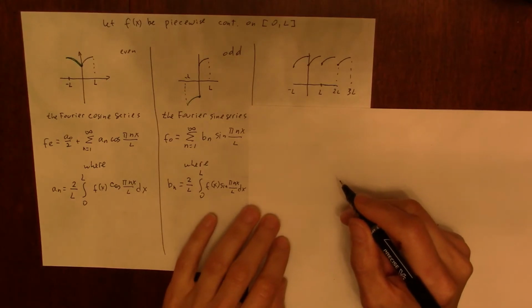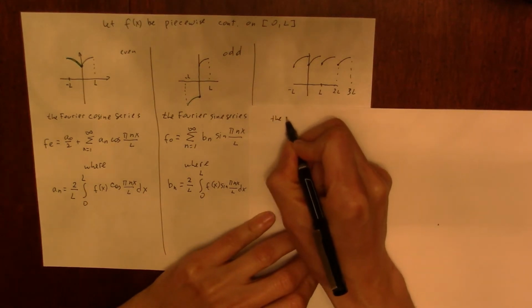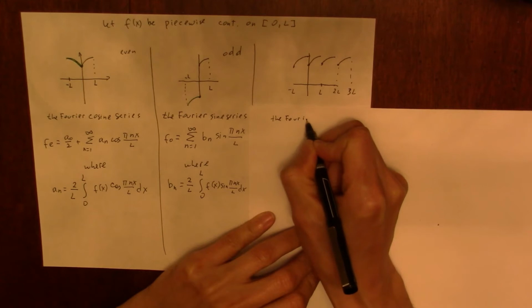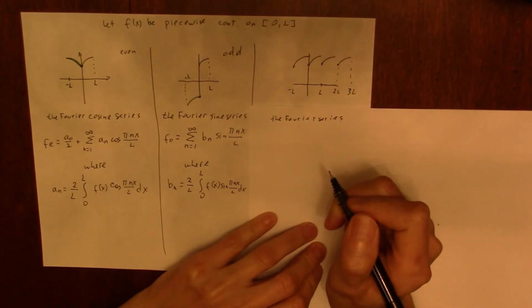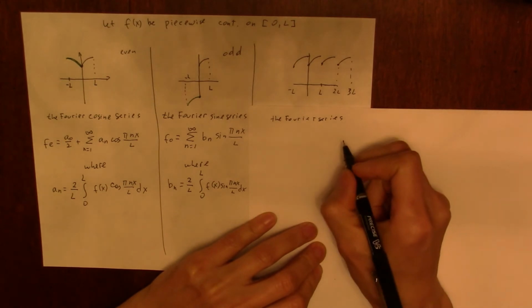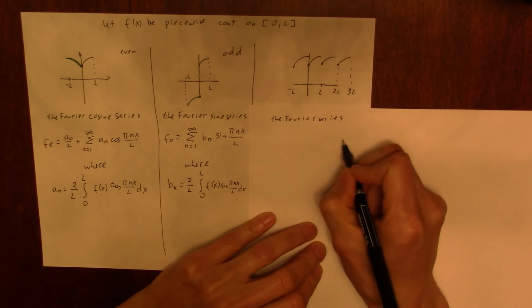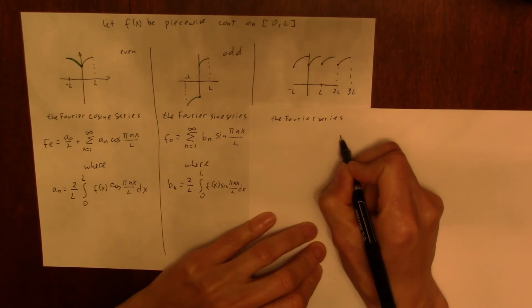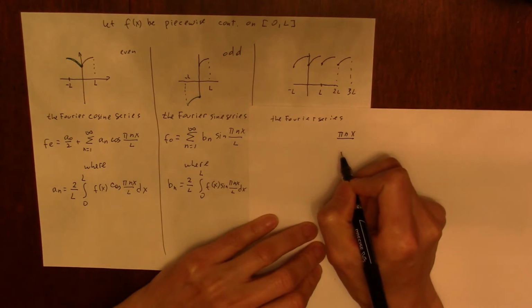In the third case, we're going to get just the Fourier series. Notice that we're going to have argument of sine and cosine. When we're writing them, we're going to have pi n x over, and we're supposed to divide by half of a period.